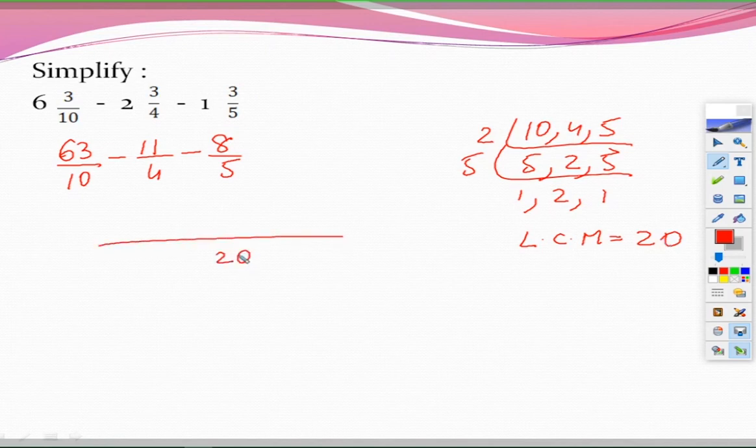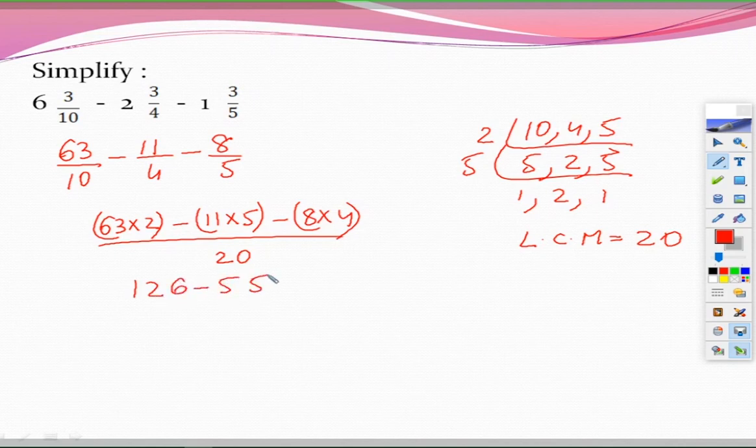20. 10 into 2 is 20, 63 into 2, minus 4 into 5, 11 into 5, minus 5 into 4, 8 into 4. Now 63 into 2, that is equal to 126 minus 55 minus 32 by 20.